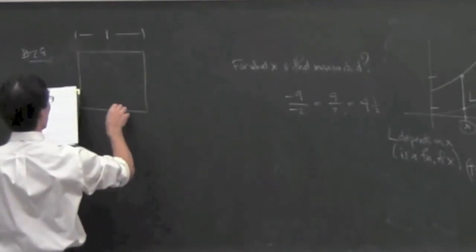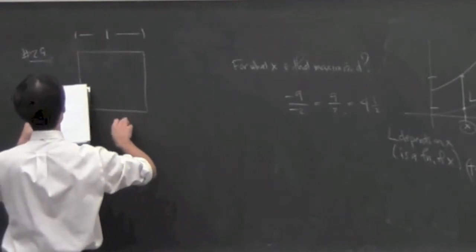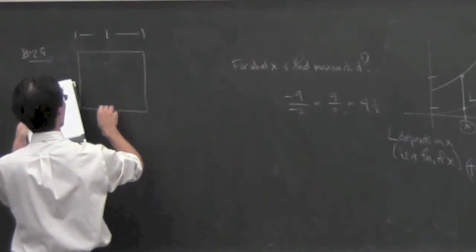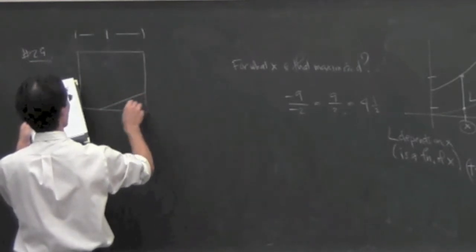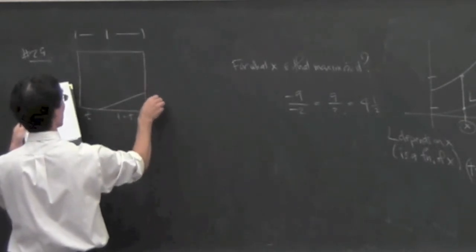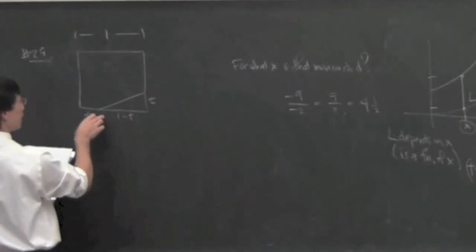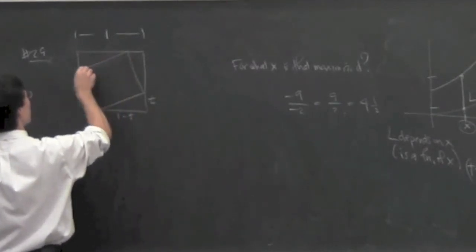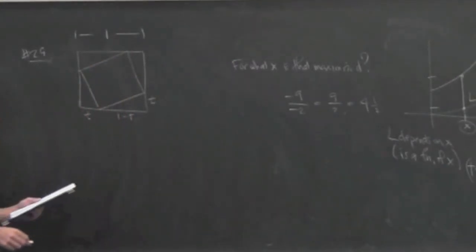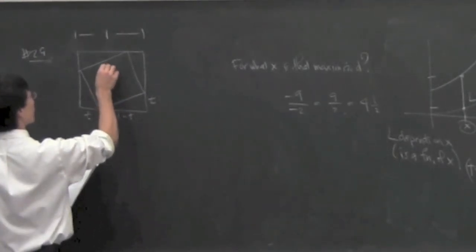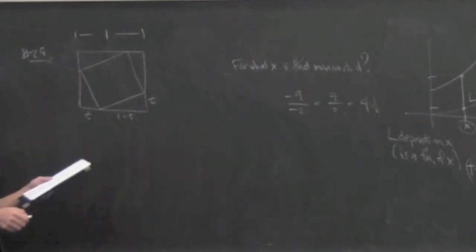Square of side length 1, and inside here, you do something like this. So on each side, you divide it into t and 1 minus t. So you get the square in the middle.